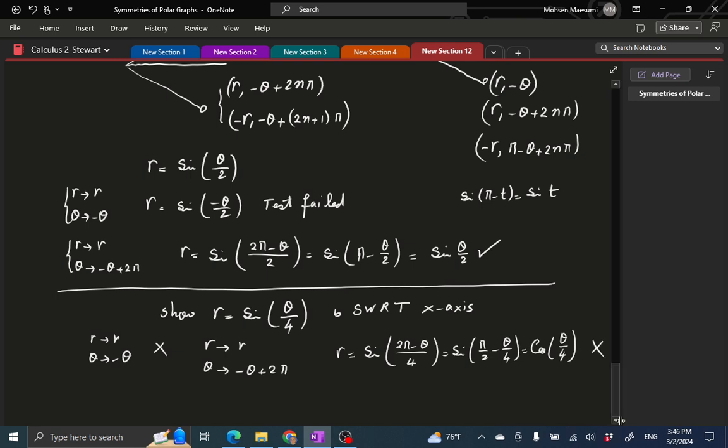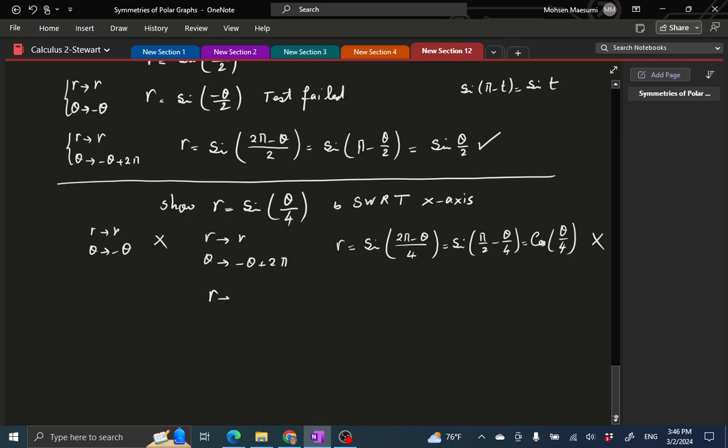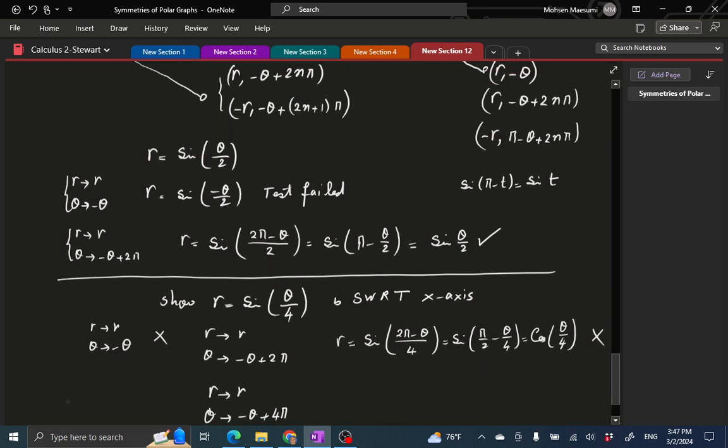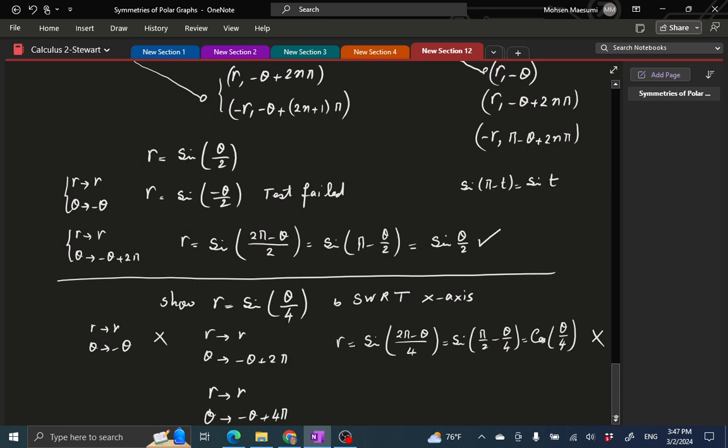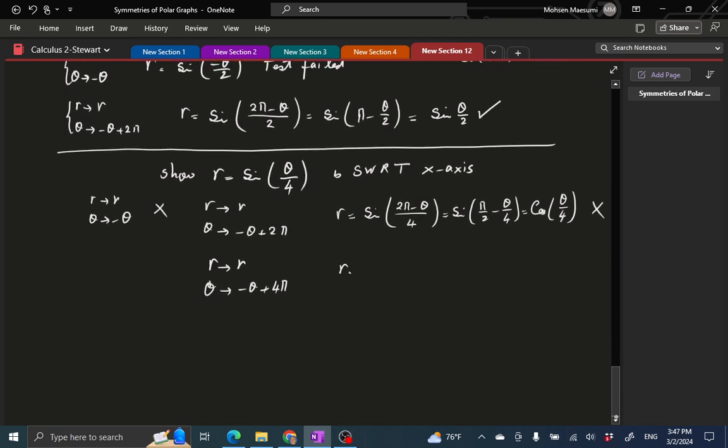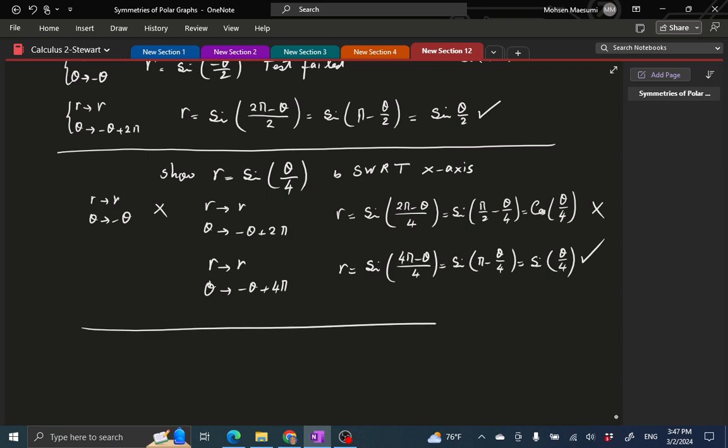What do you think is going to happen? We try next r the same, theta to minus theta plus 4 pi. Again, you remember we have to go through all of them. So r is equal to sine of 4 pi minus theta over 4. Now it looks like it's working, because it's pi minus theta over 4, and that is sine of theta over 4, and now we are vindicated.